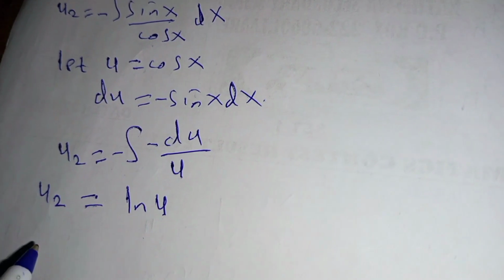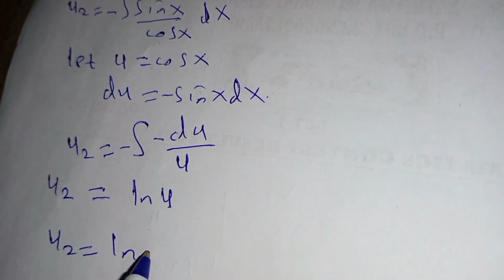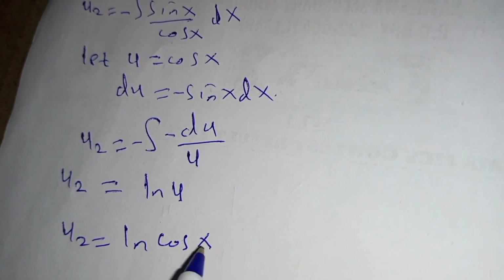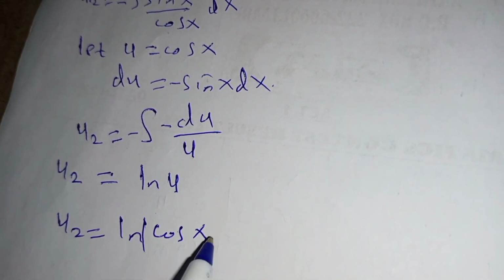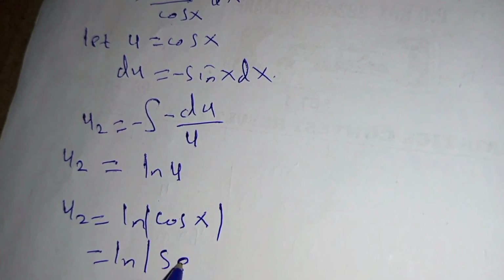So our u2 is equal to natural logarithm of cos of x, which can be written as natural logarithm of sec of x.